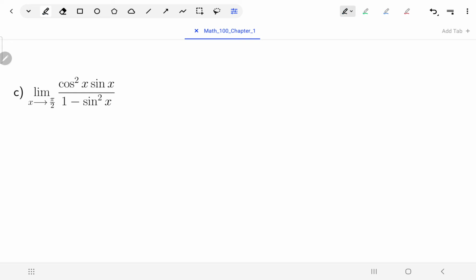And the thing that I'm thinking about doing is using a Pythagorean identity. I know, again, that if you're looking at the denominator, you can see that 1 minus sine squared, and for sure that's the same thing as cosine squared. So I could just use that little trig identity there to simplify.